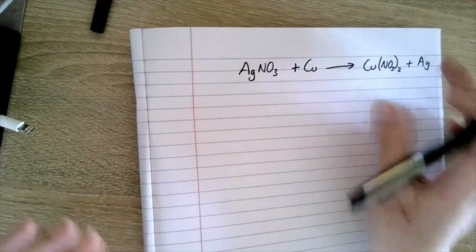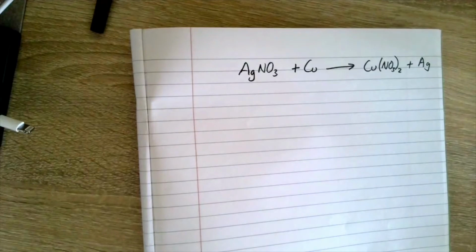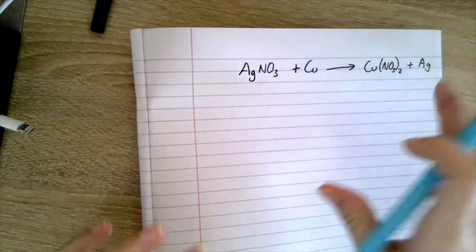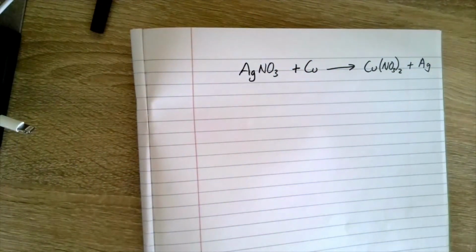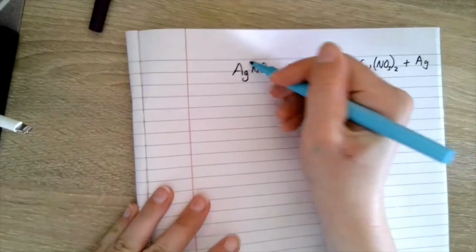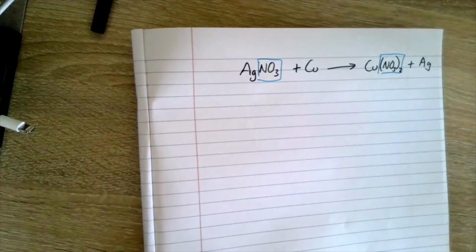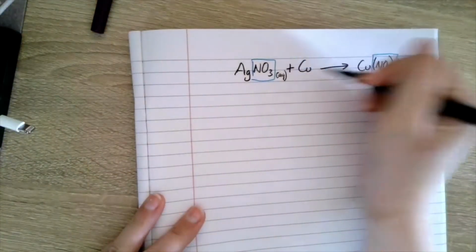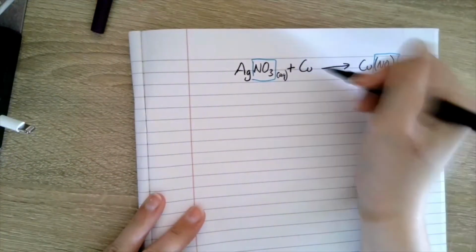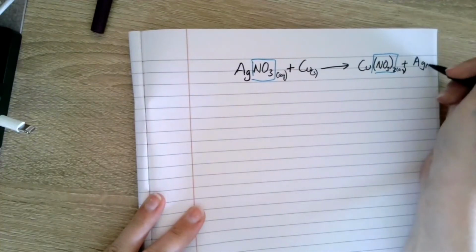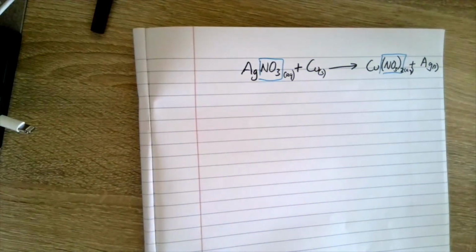Now, we can balance this equation by thinking about our numbers of atoms of each type of element, but we can also consider what's happening in our half equations, what's happening to our transfer of electrons. Now, the first thing to note is that our NO3, so I should have included state symbols, these are both aqueous and solid copper and solid silver.